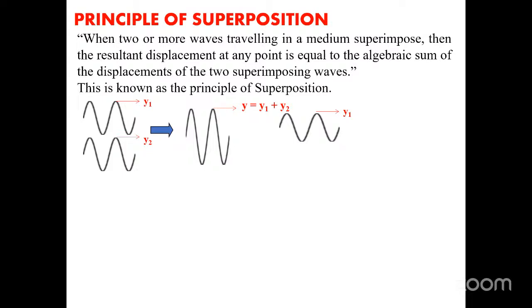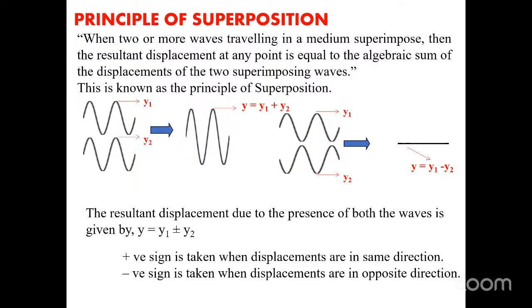Whereas in another case, previously those were in the same phase, but here the phase is opposite. One is in the upward direction, the other wave is in the downward direction. What is the total displacement? y1 minus y2. Nothing is there.